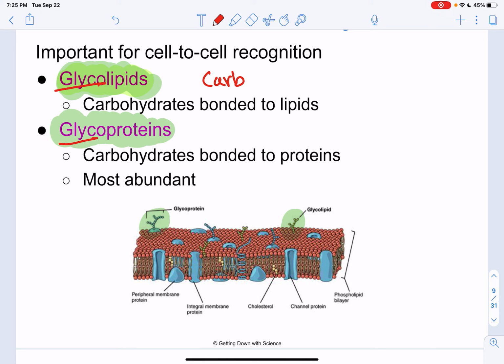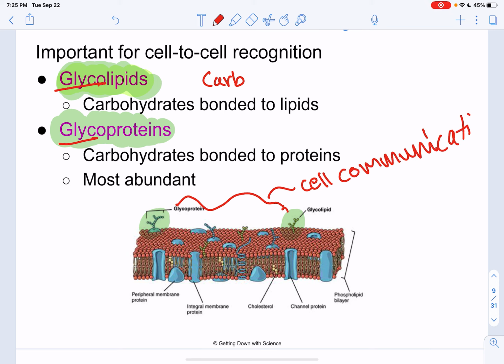Lipid means lipid, protein means protein. And these primarily help with cell communication. Function is cell communication. We'll be talking about this in more detail in a later unit, but just know that these function for cell communication.